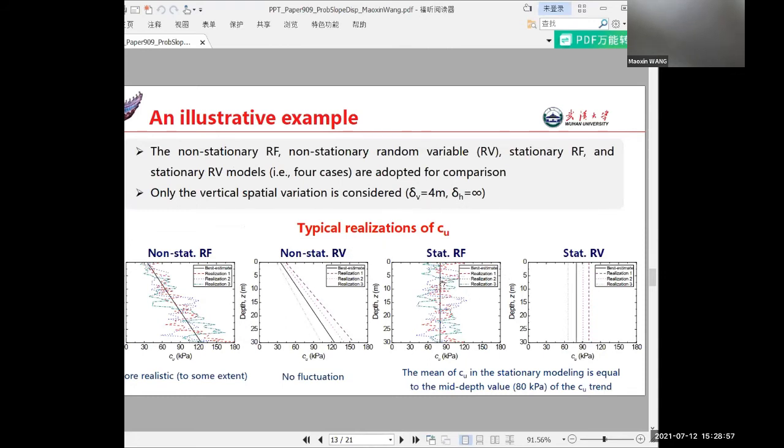The non-stationary models consider the linear increasing trend, but the RV model ignores the spatial fluctuation. In contrast, the 2 stationary models do not consider the linear increasing trend, but the other things are similar to the non-stationary models. The mean value of the stationary models is taken as the mid-depth value of the Cu trend.